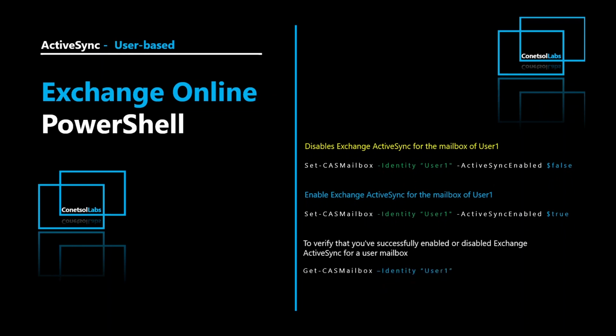If we want to verify the changes of this command, Get-CASMailbox will return the ActiveSync results for a user. For example, if its value is false, it means ActiveSync is disabled. If its value is true, that means ActiveSync is enabled.